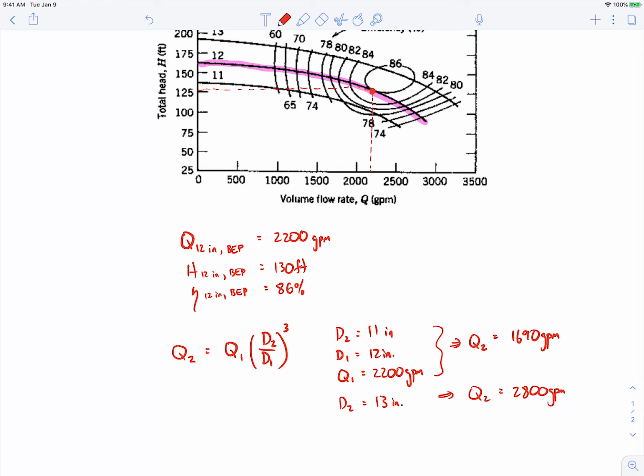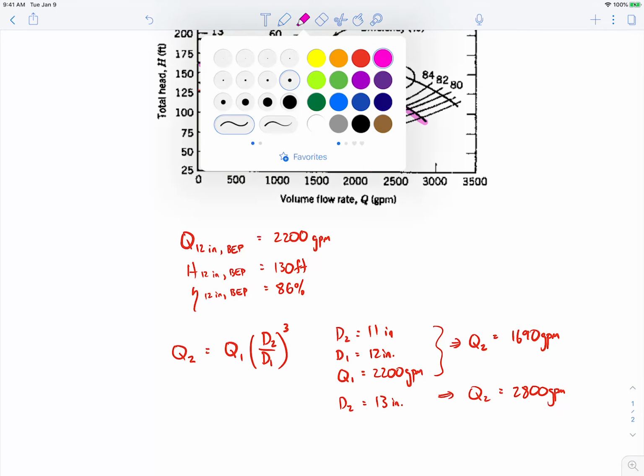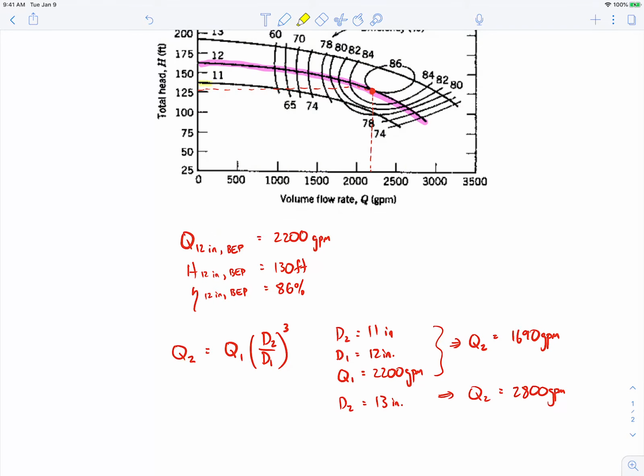And if you look at the plot up here, let me use a little different color. For the 11-inch impeller, which would be this one, if we look at the volumetric flow rate at the best efficiency point, which would be right about there, it's at about an 81% efficiency, it looks like. Let me go ahead and do my best to draw the lines there.